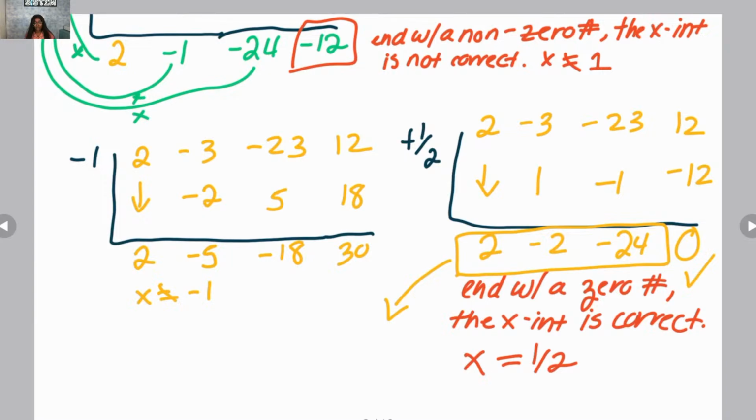But no, our answer is actually here. Our final answer, if we divide 2x cubed minus 3x squared minus 23x plus 12 by x minus 1/2, we get 2x squared minus 2x minus 24. That's what these numbers mean.